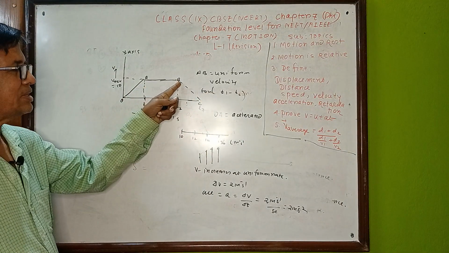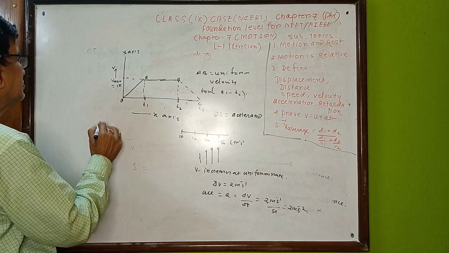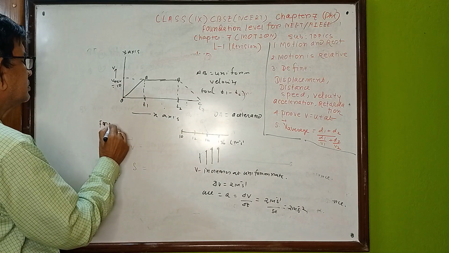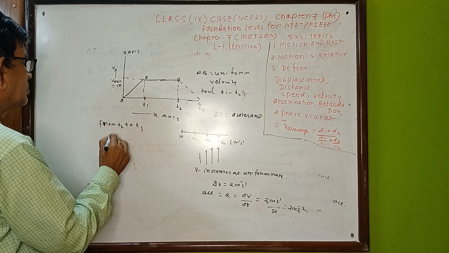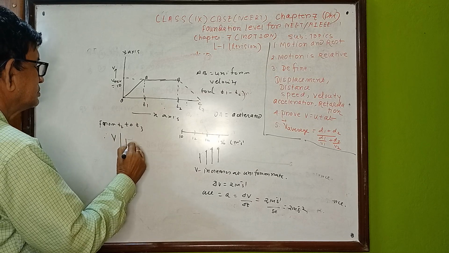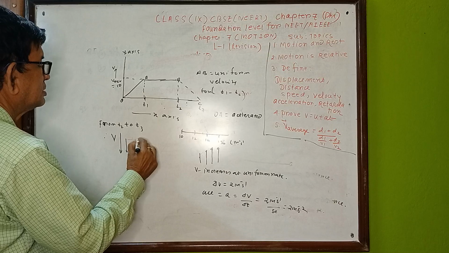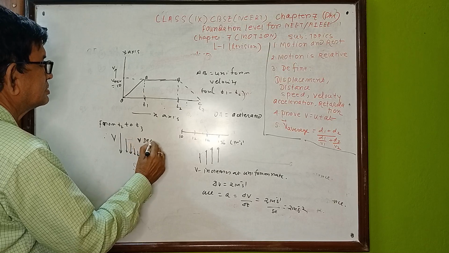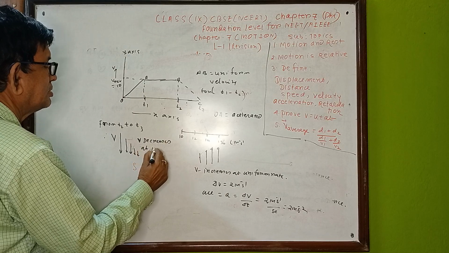After that I see that velocity gradually decreases from t2 to t3. Velocity decreases at a uniform rate.